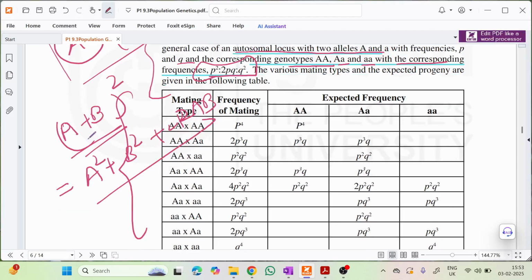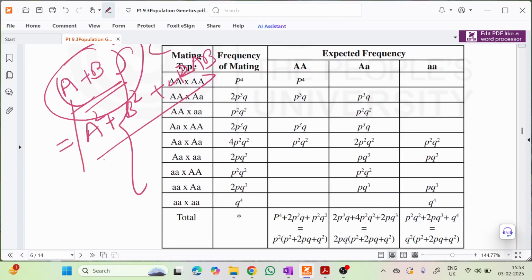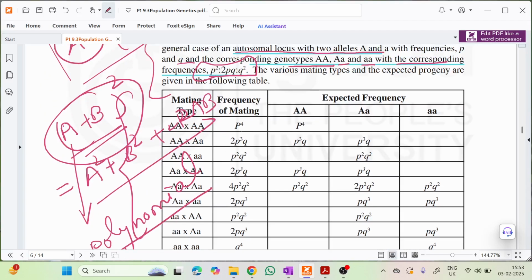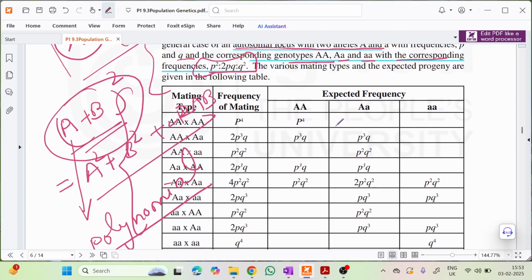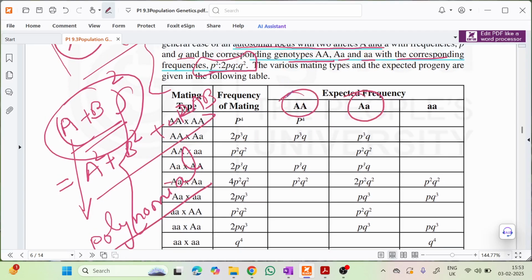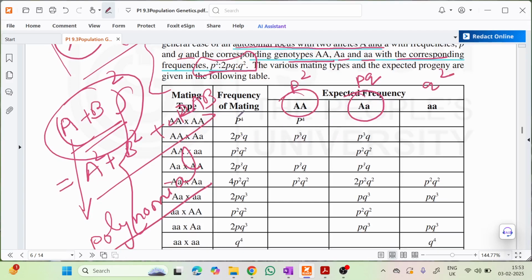In the same way, when the numbers are more than 2, the characters are more than 2, then it will be known as polynomial expression. So अगर थर्ड जनरेशन के बाद फोर्थ जनरेशन में भी इनकी डिफरेंट फ्रीक्वेंसीज के साथ जो ये फ्रीक्वेंसीज हैं, दिस वन p स्क्वायर, pq एंड q स्क्वायर, जैसे भी आप इसको रिप्रेजेंट करना चाहें.